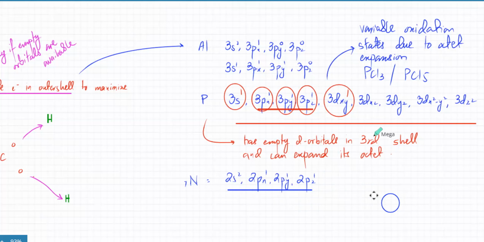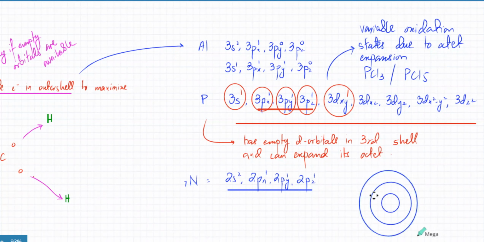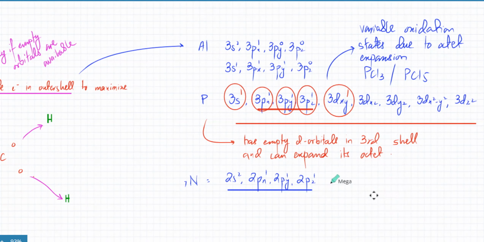The second shell is slightly bigger; it has 8 electrons. The third shell has 18 electrons because the size is becoming bigger, so you can accommodate more electrons in it. So nitrogen cannot expand its octet. There's no empty orbital available. Is that clear? Yes.